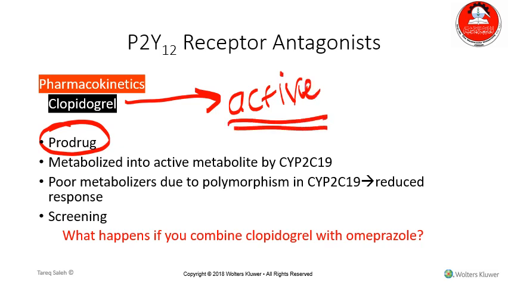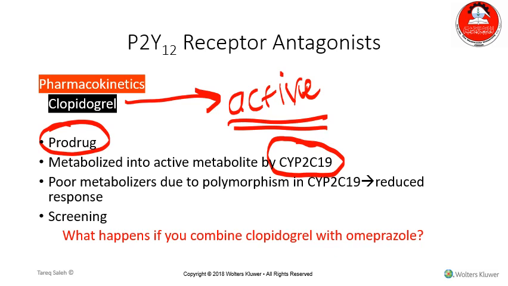And clopidogrel is activated into its active metabolite by the CYP2C19 enzyme of the CYP450 hepatic microsomal system. That's why patients who have genetic polymorphisms that lead to reduced activity of CYP2C19 enzyme will activate clopidogrel less. This means that clopidogrel is less active in poor metabolizers.